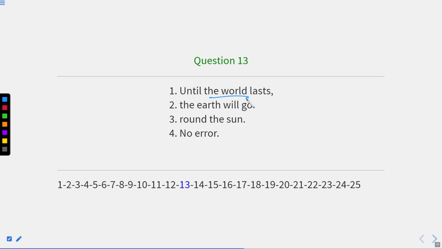No, not at all. We have the situation frame over there that the world lasts. Okay, so the error in the sentence is very simple, that here until should be replaced with unless. So the answer will be first part of the sentence, that is use unless. Okay, it is not uses, it is use.